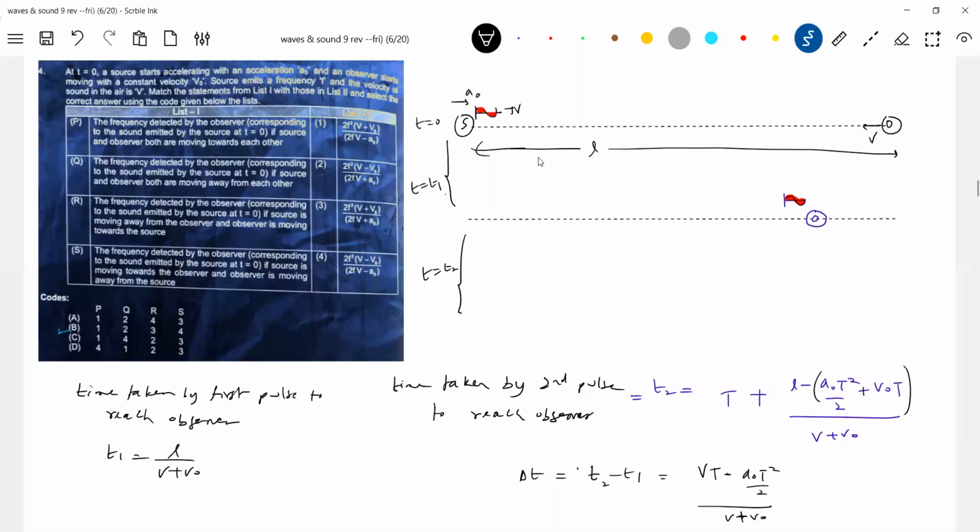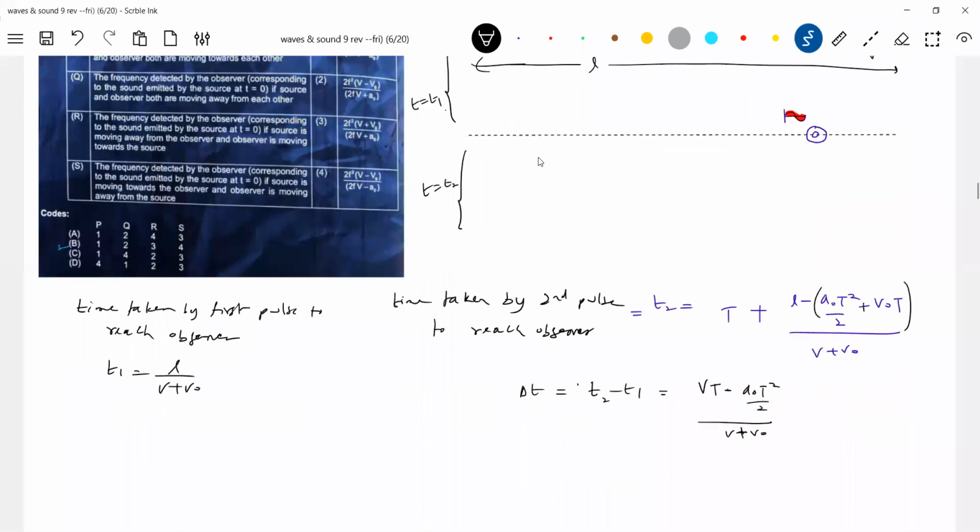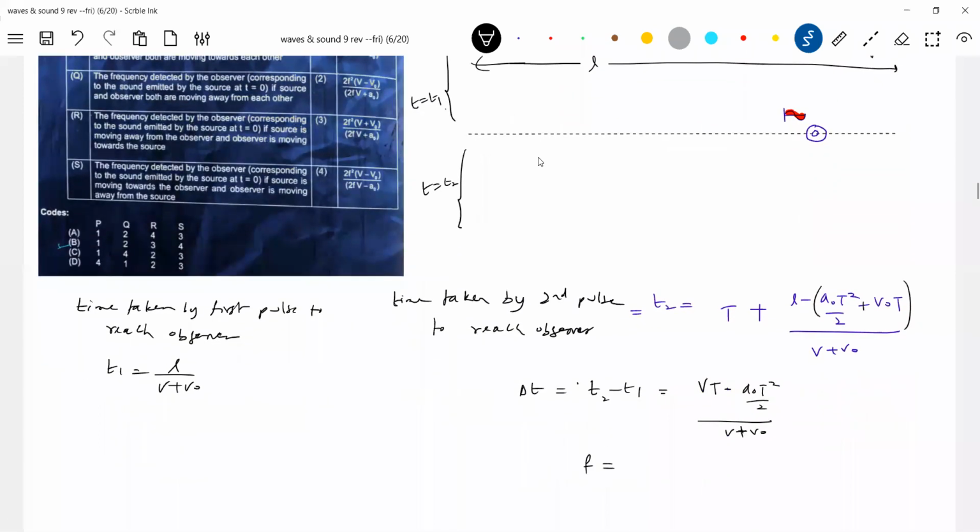So that is the timing. The reciprocal of this is what? The frequency detected. F is equal to 1 by delta T, with V plus V naught. What is capital T? This is F dash, no?